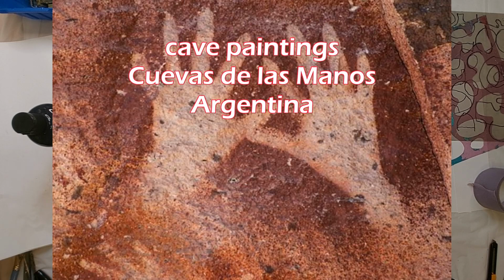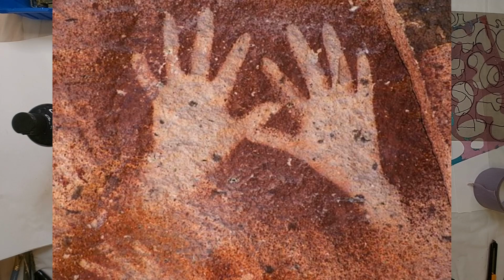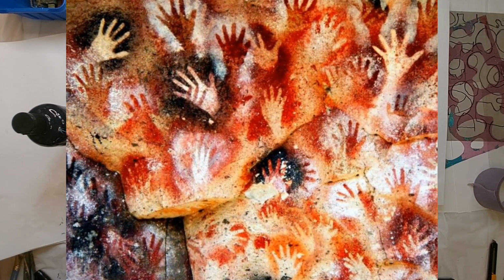So they blew liquid pigment with, I think, pieces of bone or hollowed out stems of plants, and they created these interesting images of the imprints of their hands. So that is the first evidence of stencil art in the Paleolithic period.